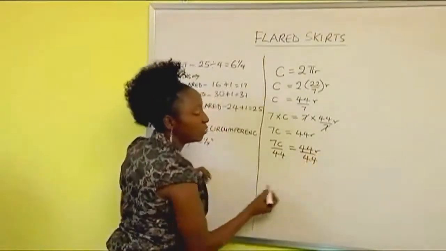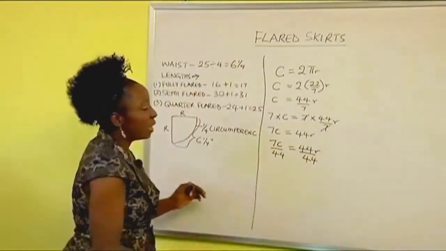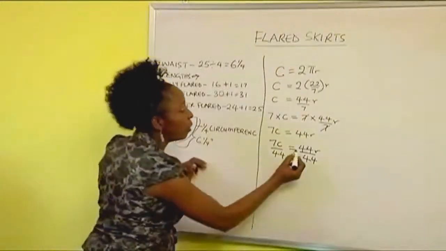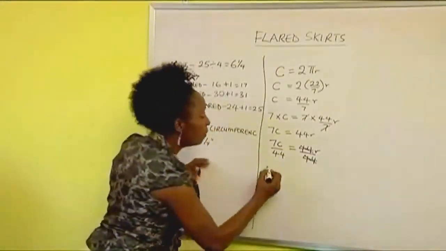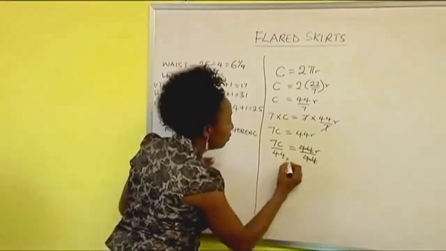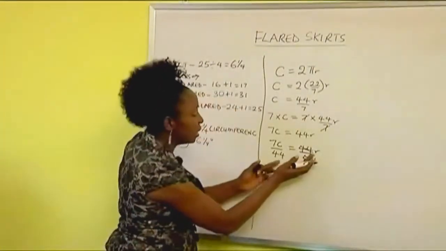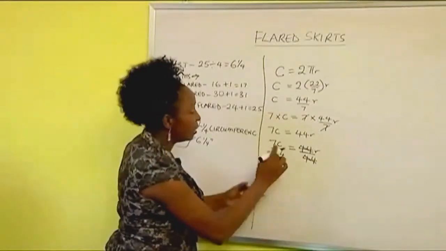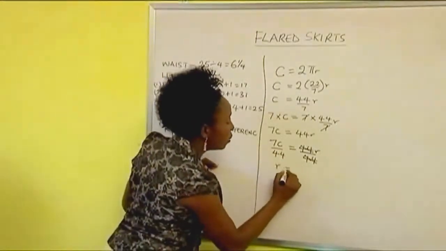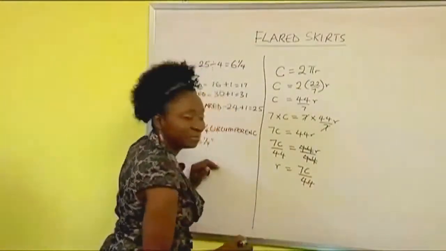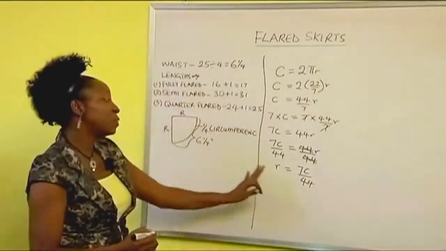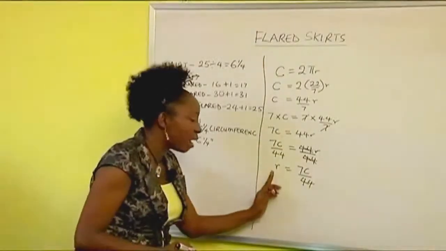Once I've done this, I just cancel 44 with 44, and then what I'm left with is r. So now I'll change this to the other side, and that will be r equals 7C/44. Easy.